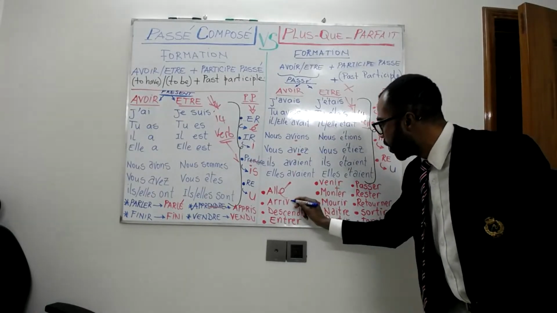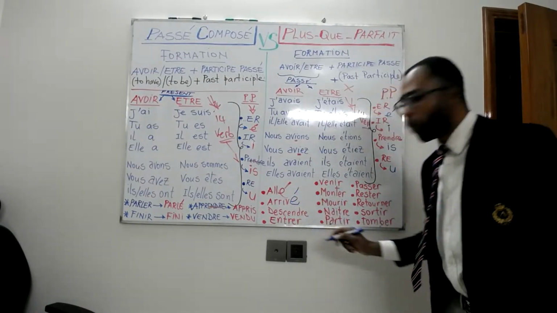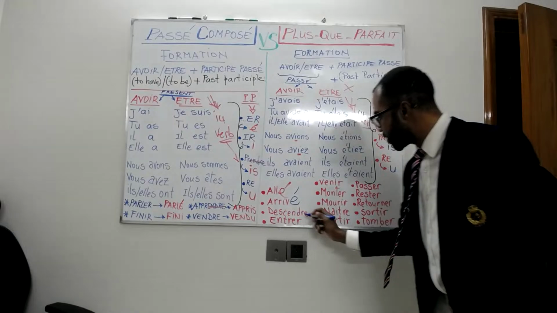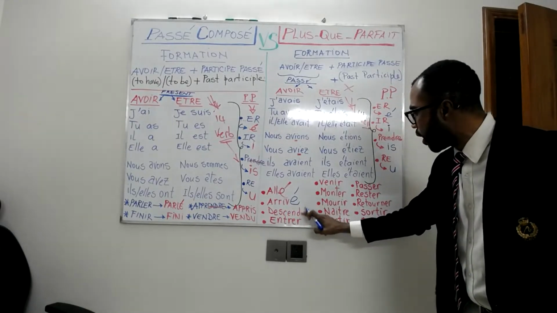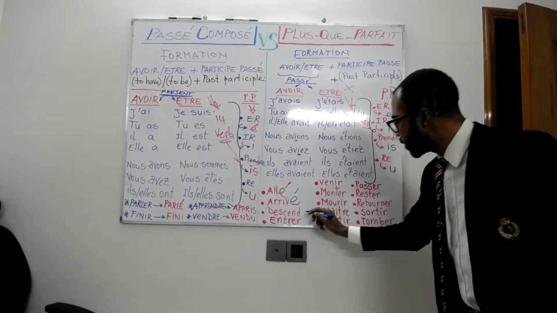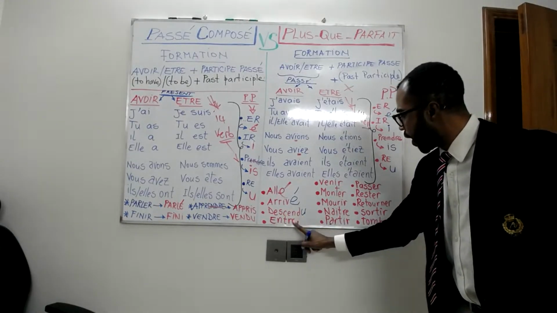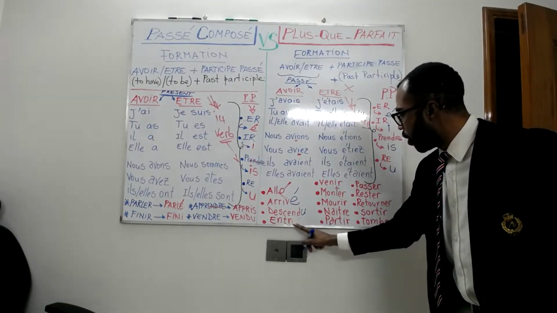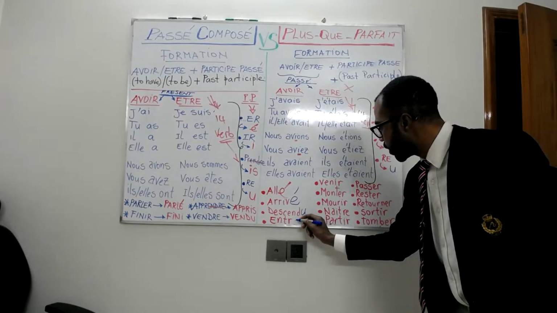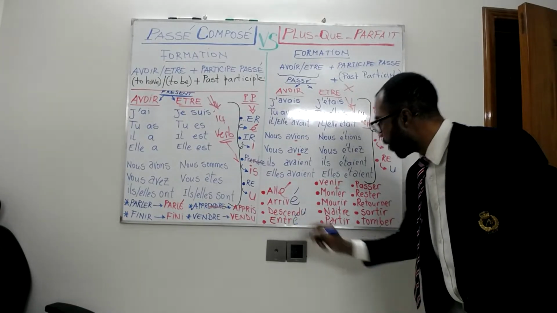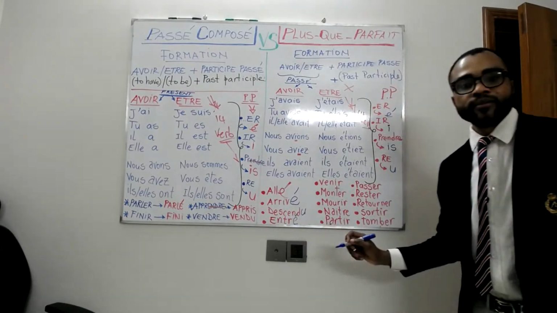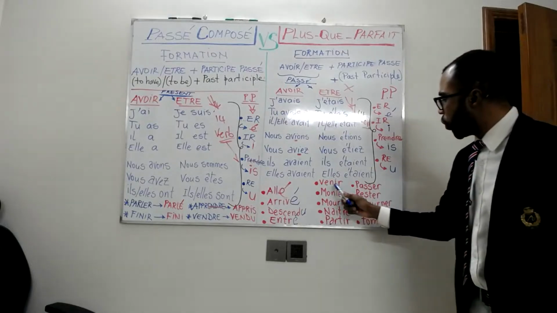So, arriver, with accent. Descendre, we remove the RE, and we say descendu. Entrer, same. Alors, we remove the ER and we only have the accent: entré. Now, next, venir.